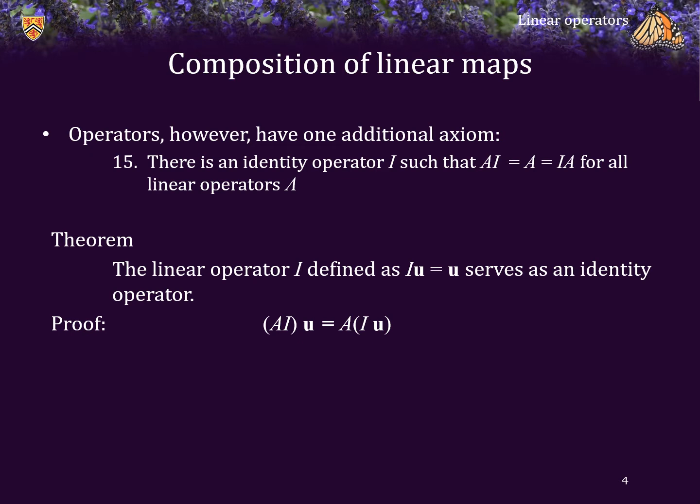Proof: well, A composed with the identity operator applied to U is by definition A applied to the identity operator applied to U. But the identity operator applied to U is just U, and so therefore A times I, or A composed with the identity operator, is equal to A. However, on top of that, we can multiply on the left by the identity operator, and consequently, we get that I times A, or I composed with A, is also equal to A. So therefore, yes, the identity operator that maps all vectors in the vector space U onto itself serves as the identity operator.